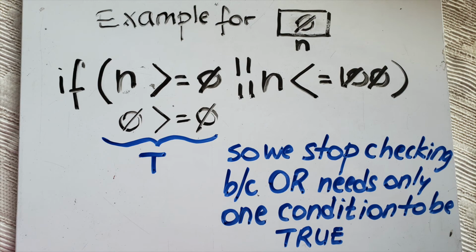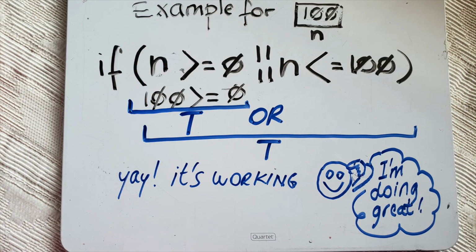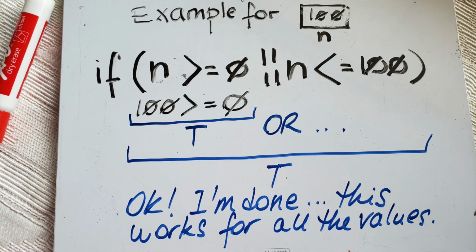So we stop checking because once that one condition is true, the whole condition is true. 75 is greater than or equal to 0, the whole condition is true because the two conditions are connected with OR. 100 is greater than or equal to 0, so that condition is true, the whole condition is true because we're connecting with OR. So we're doing great, right? Wait, we're not done. We need to check with values that are outside of the range and make sure that this works for us correctly.